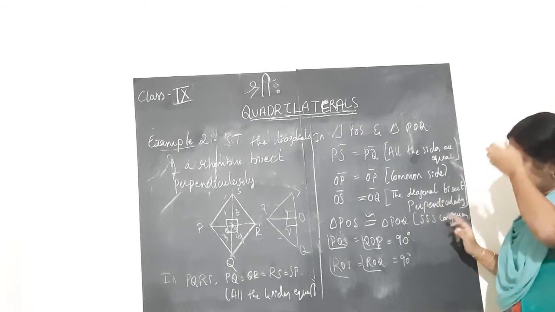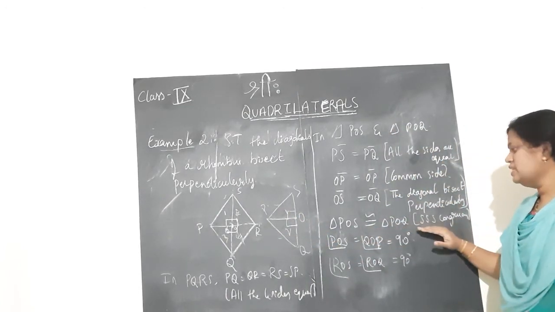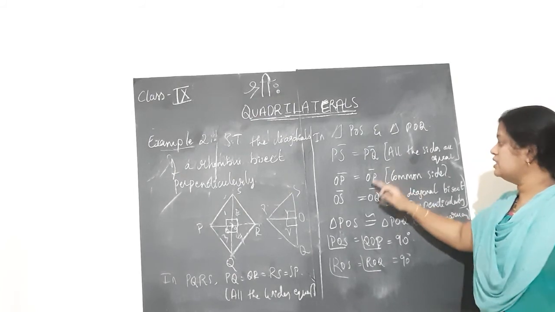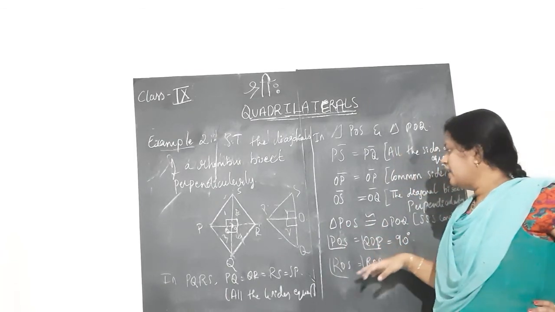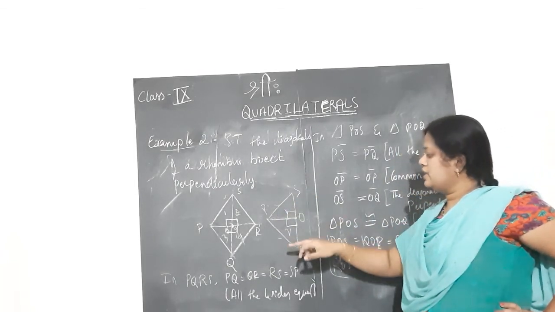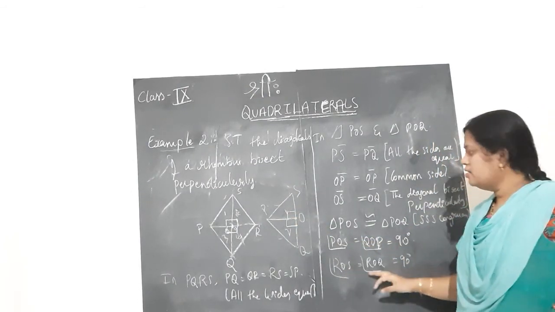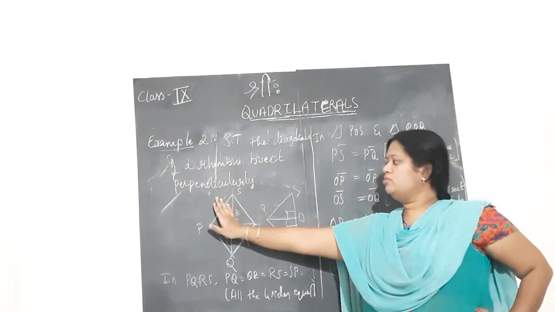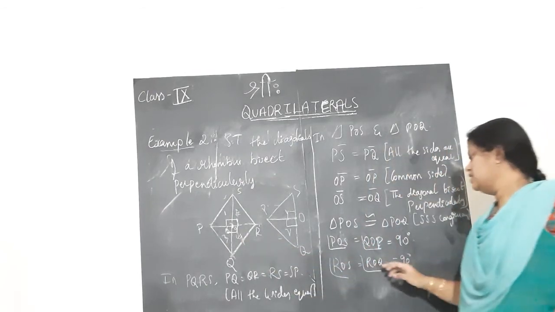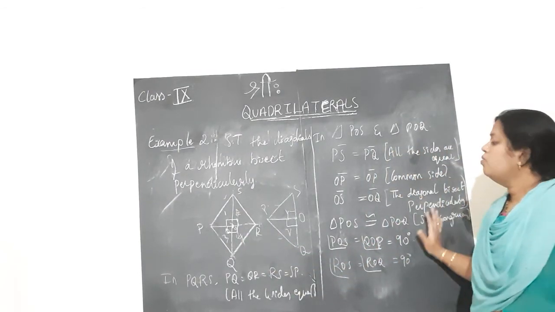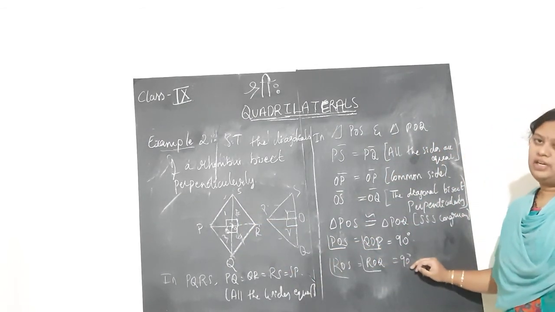Hence I proved these 2 triangles are congruent to each other by using SSS congruency. Why SSS? 3 sides are equal, I proved. Therefore, I can write angle POS and angle QOS are equal to 90 degrees. Similarly, if we consider the second half, the remaining 2 triangles, and prove it in the same way, I get angle ROS and angle ROQ are also equal to 90 degrees.